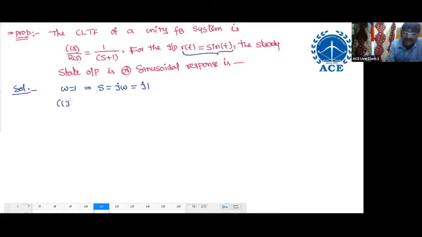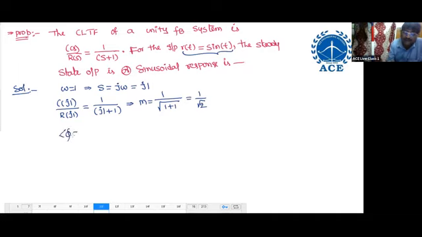Then C of j1 by R of j1 is equal to 1 by j1 plus 1, substituting in S plus 1. Then get the magnitude: 1 by root of a square plus b square, 1 by root 2.